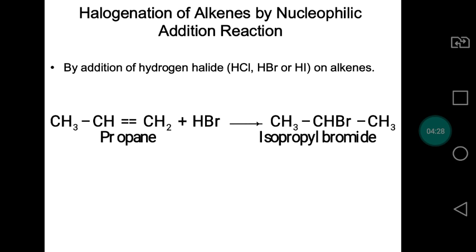But if we want to get 1-bromopropane, then we have to add peroxide in this reaction. If we add the peroxide, then the reaction will occur through homolytic cleavage and we will get 1-bromopropane as a major product. Here, bromination is easy for this type of reaction.